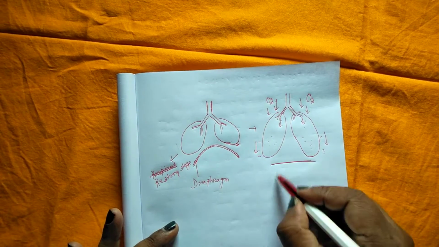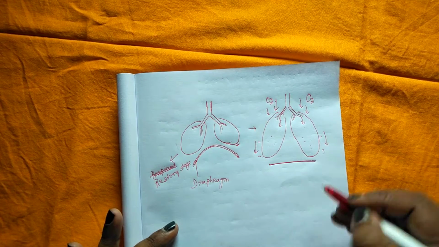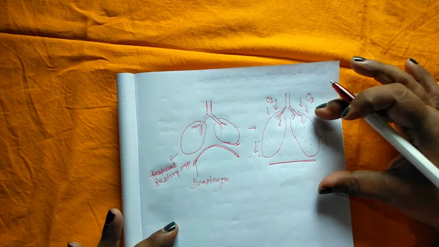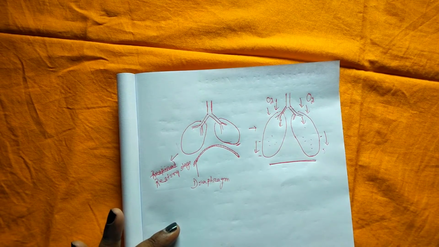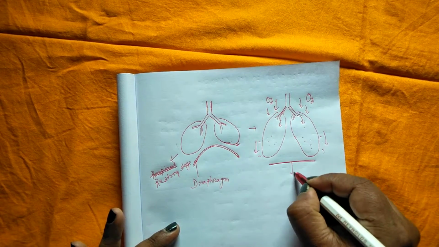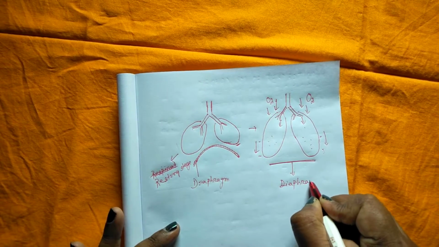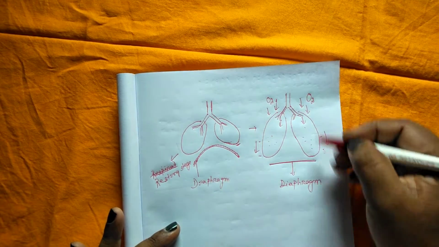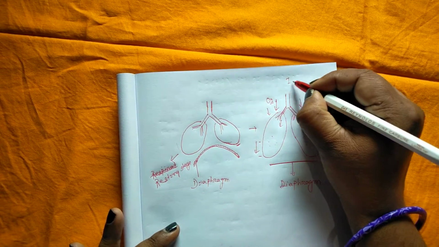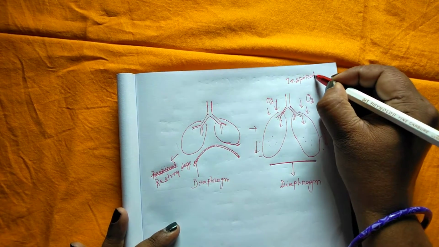It flattens towards the downside of the lungs because it gives more space to carry more oxygen. This is the diaphragm. This intake of oxygen process is called inspiration or inhalation.